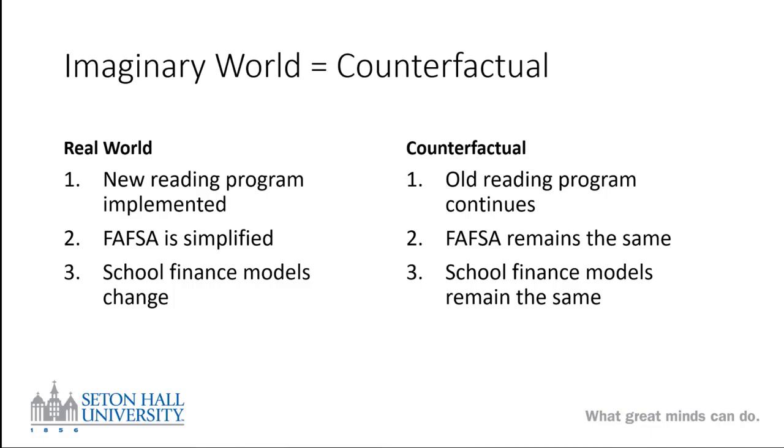And then the counterfactual, the world that is as similar as possible except the cause did not occur, is the students just stick with the old reading program that they were using before the intervention was implemented. Same with the FAFSA. In the real world, the FAFSA is simplified, and the counterfactual is the FAFSA remains the same. So I think it's important to note here, sometimes we think of a counterfactual as the complete absence of something, but that's not really the case.